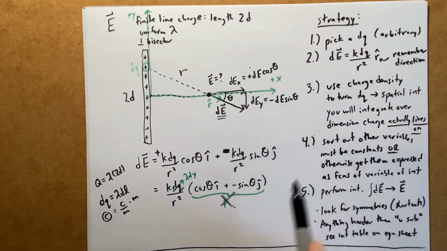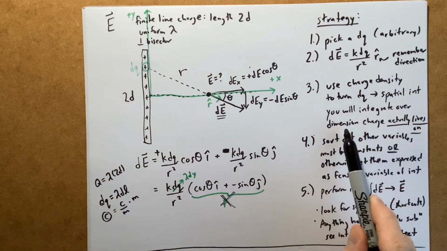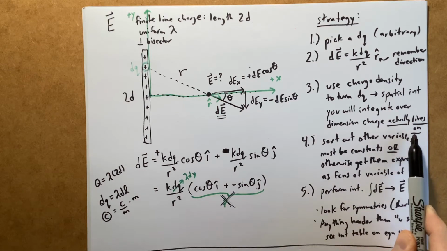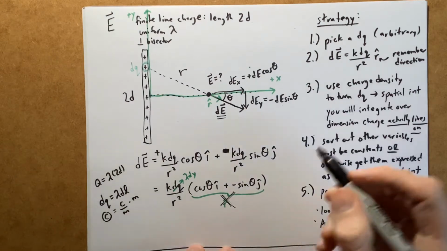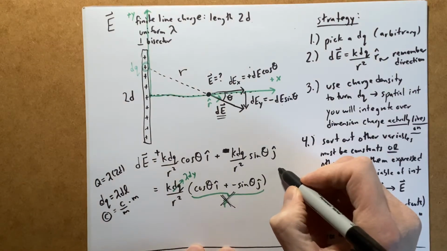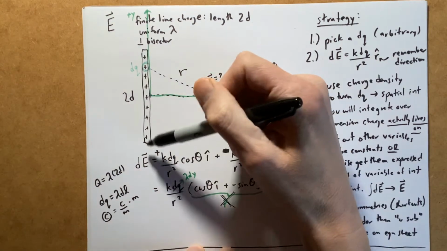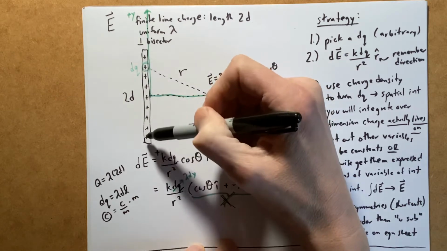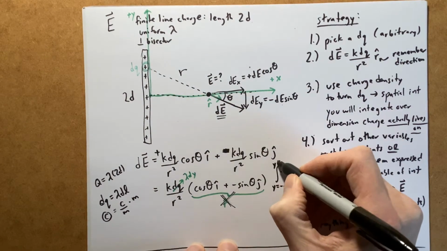And so what you will do here is integrate over the dimension that the charge actually lives on. So my integration ultimately is going to turn into an integration of blah, blah, blah dy. And then, to account for all the charge, I'm going to integrate where the charge actually sits on the y-axis. So that is going to be from y equals minus d to y equals plus d.